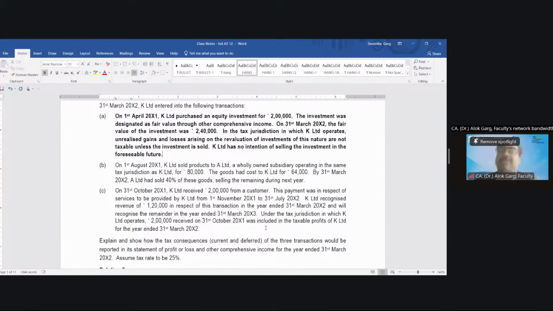So my question is, what is the accounting entry for this 10,000 rupees? Deferred tax expense account debit, deferred tax liability account credit, right? So where will this deferred tax expense of 10,000 come, in the P&L or in OCI?